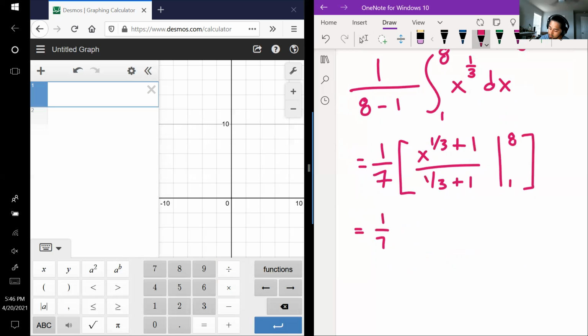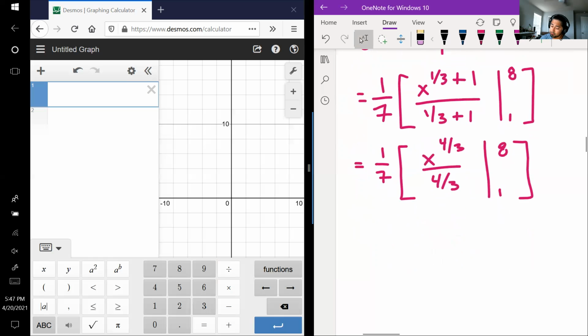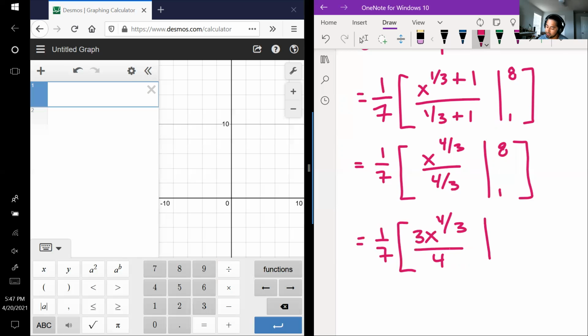We get 1/7, and this is going to give me x to the 4/3 over 4/3 evaluated from 1 to 8. And one last cleanup. We are going to flip that denominator and get 1/7 times 3x to the 4/3 over 4 evaluated from 1 to 8.